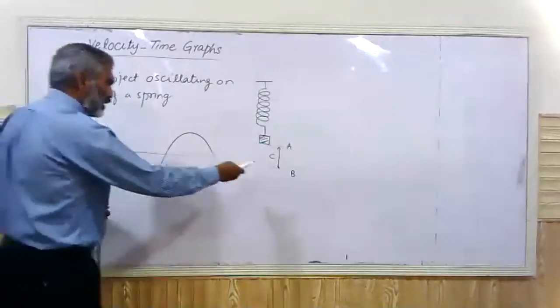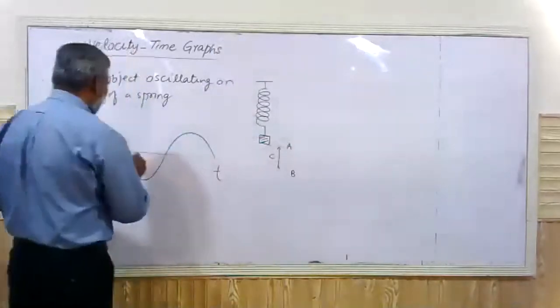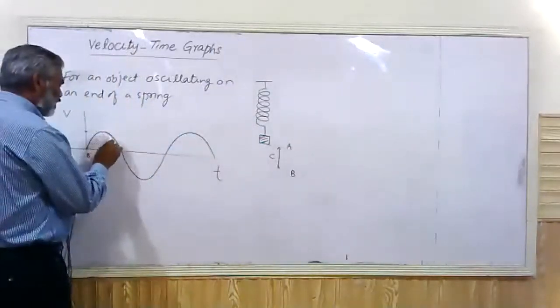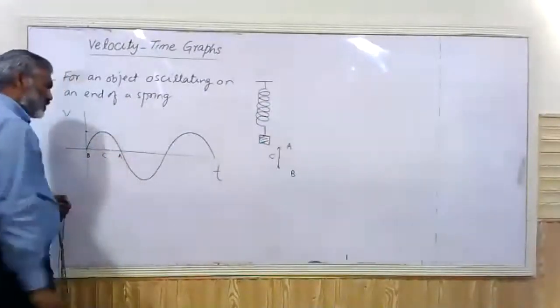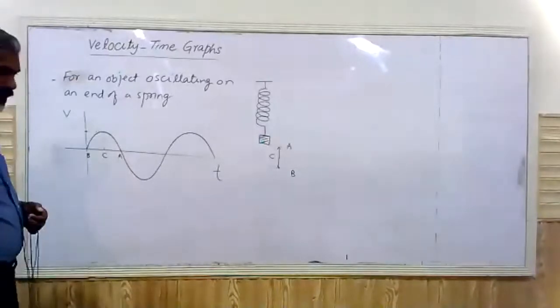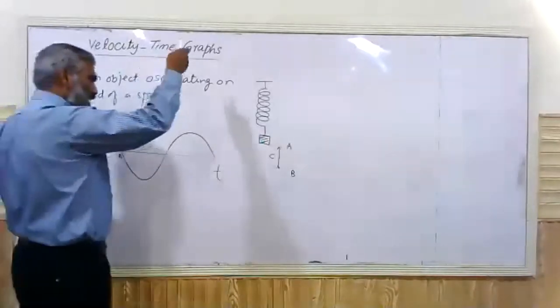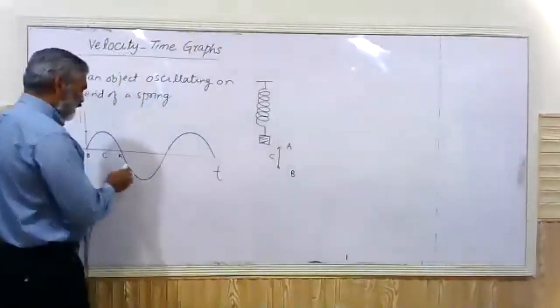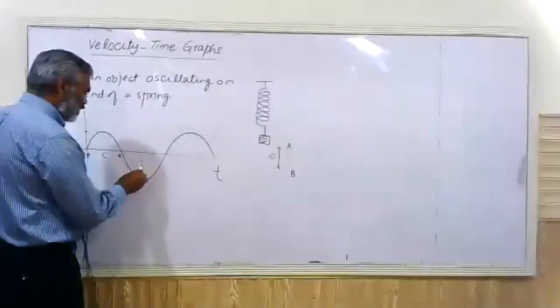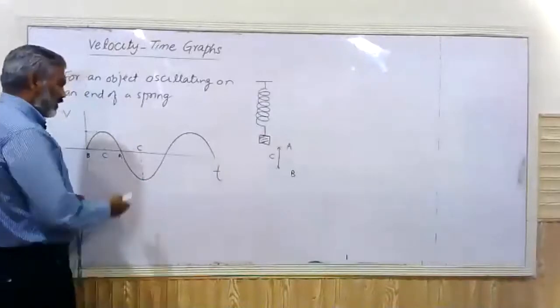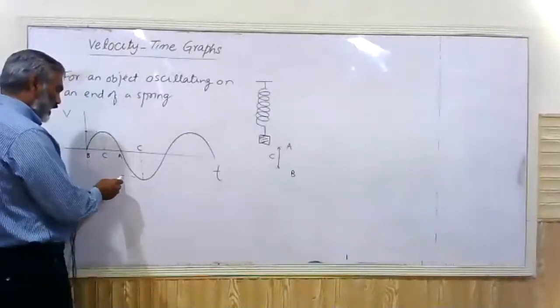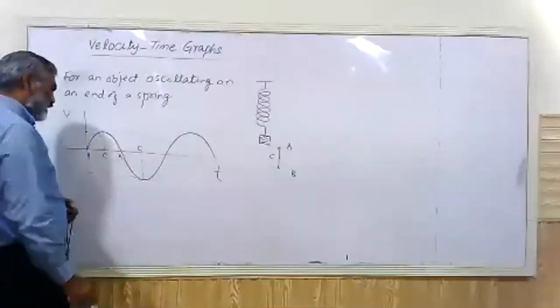But it continues to A, and then it reaches the position A, and there it comes to rest for a moment. But then it starts moving down, and again it passes through C, and there its speed is maximum again with the opposite direction, and therefore its sign is negative.